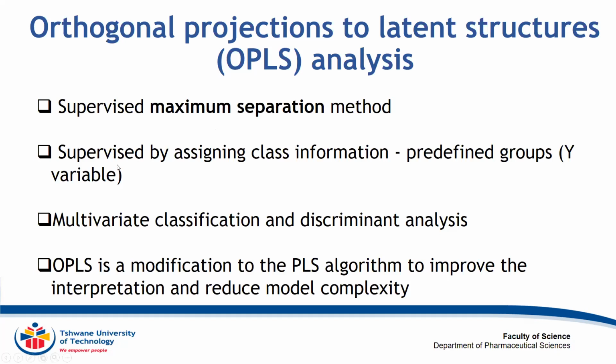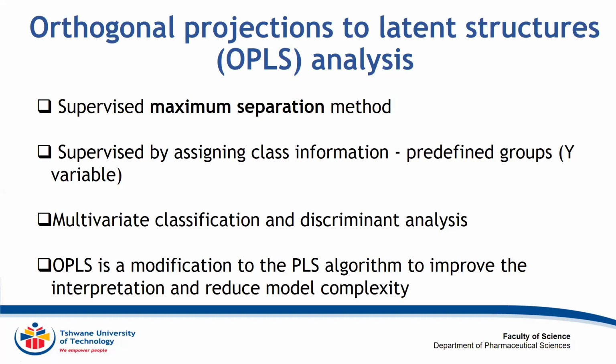Okay, so the method is supervised in the sense that we have predefined groups, or we have information that we already know about the data, and then we introduce this into the model, and we want our software to be able to model the X matrix based on the classification that we have introduced. Okay. So the method is used for classification and discriminant analysis, as I've mentioned, and this is a modification of the PLS algorithm.